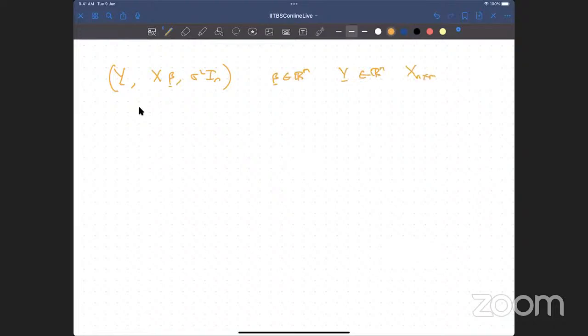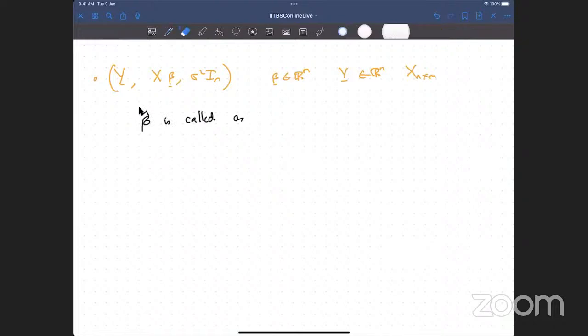And this is the variance covariance matrix of the normal, which is sigma squared on the diagonal and 0 elsewhere, IID sigma squared.